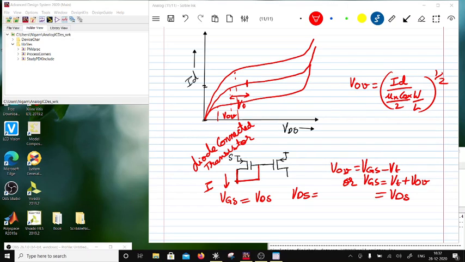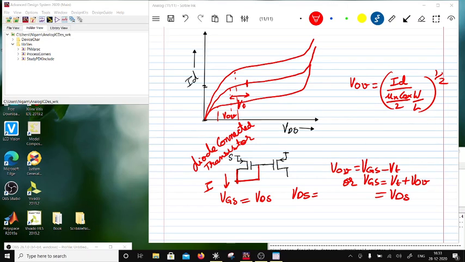Then still the net voltage required across this is VT. So as long as we are above VT, this makes sure that VDS is VT above V overdrive, right? So this is a diode connected transistor.